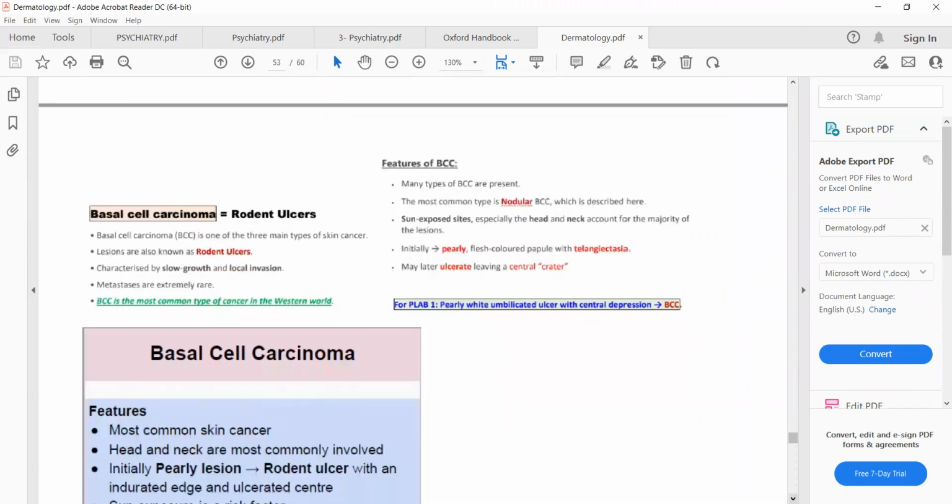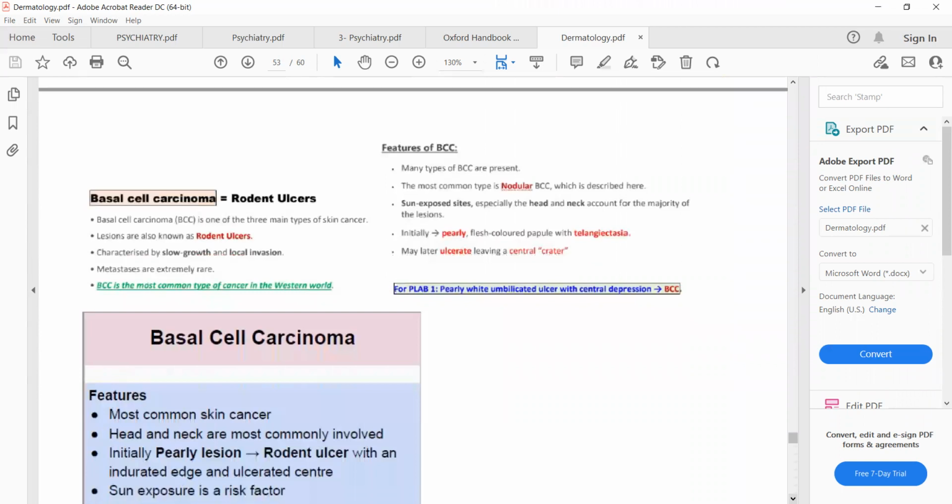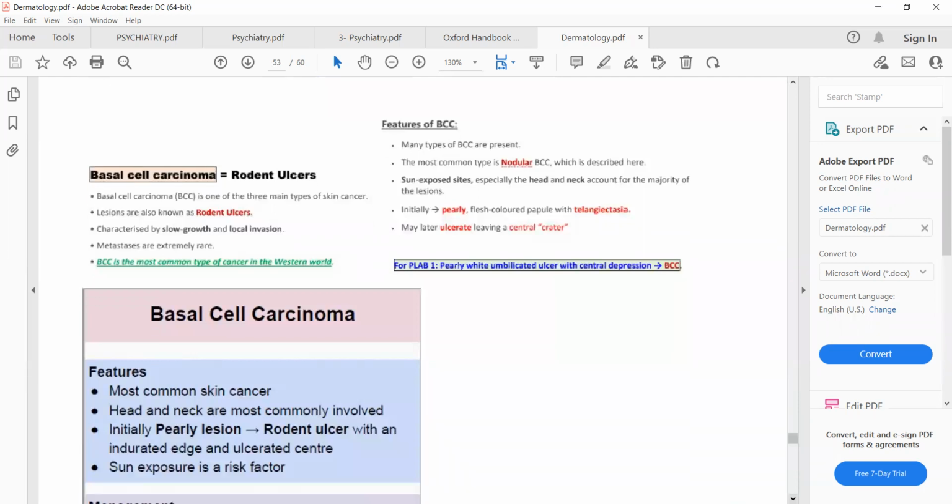So the next type of skin cancer is basal cell carcinoma. Remember that basal cell carcinoma is the most common type of cancer in the Western world.